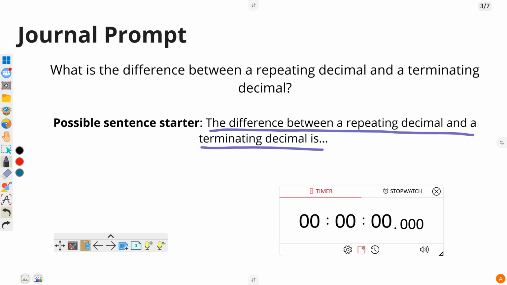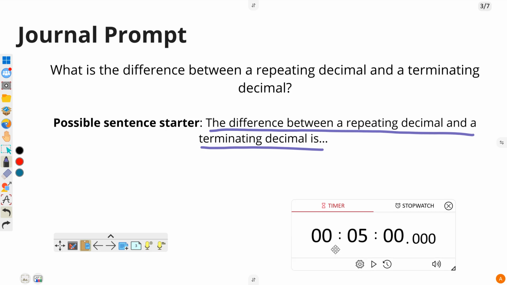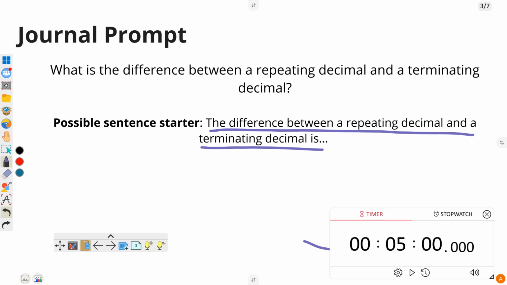All right, time is up. So let's complete our sentence. Okay, so what do we got? What is the difference between a repeating decimal and a terminating decimal? I'm assuming somebody's sharing right now.